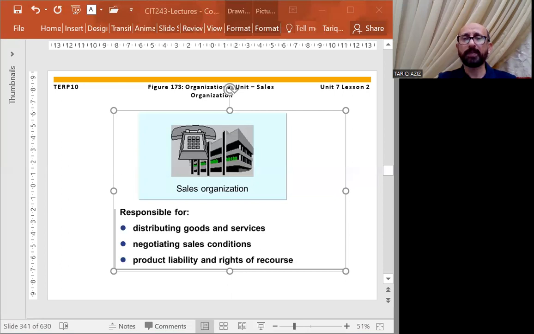Tell me how much sales I have made in this sales organization. Once you enter the sales organization code, you will get the report for that particular sales organization. So from the sales point of view, maximum you can go up to the sales organization level.